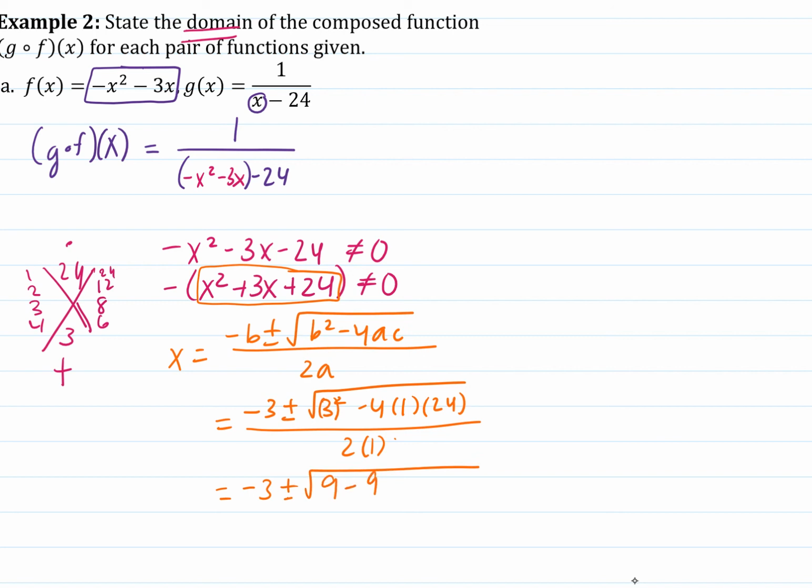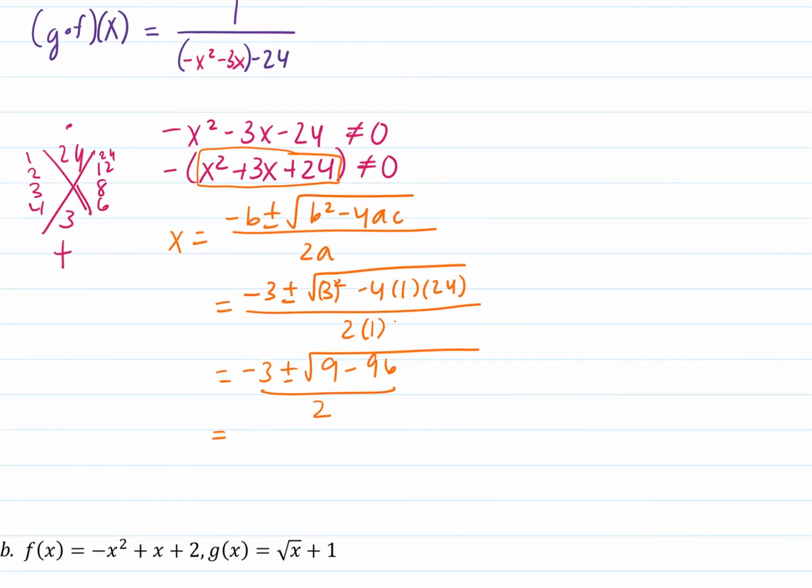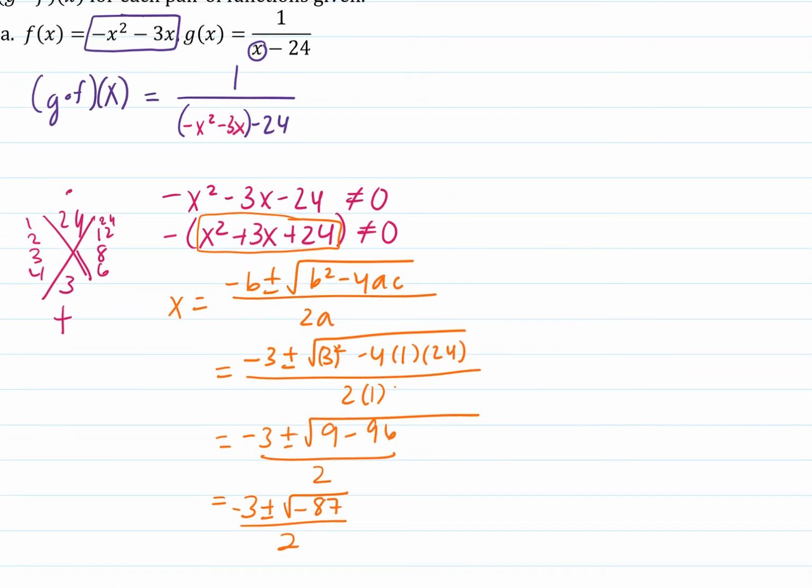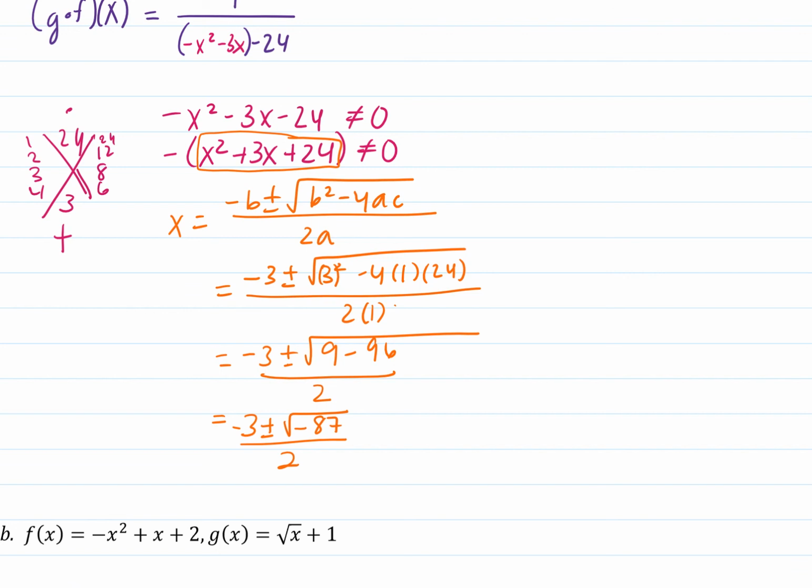I believe this is 96 all over 2. And so we have negative 3 plus or minus the square root of 9 minus 96, so that would be negative 87 all over 2, which would be an imaginary root.